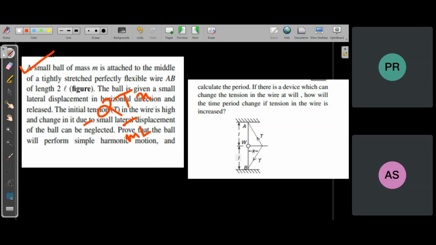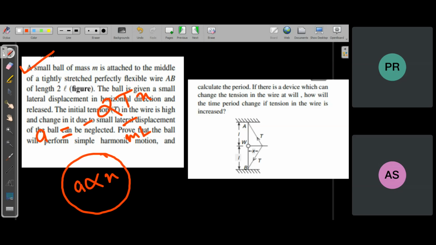Yes, sir. The only difference will be that this t value, if it is bigger, then this term will be bigger, right? But it will represent SHM because anyway acceleration is proportional to x. Yes, sir. At any instant, it is proportional to x.